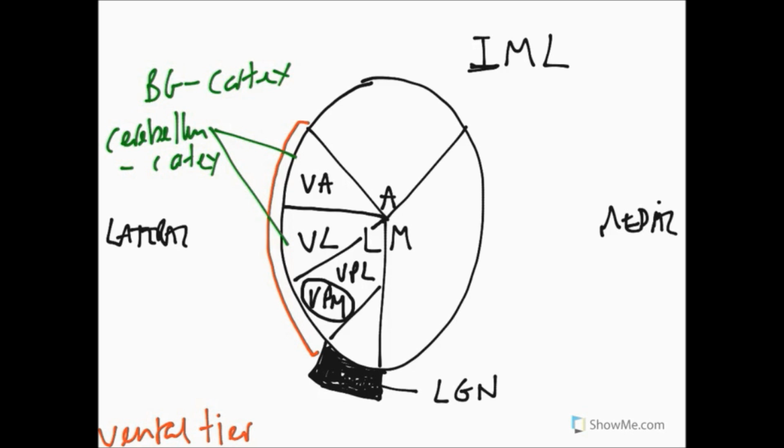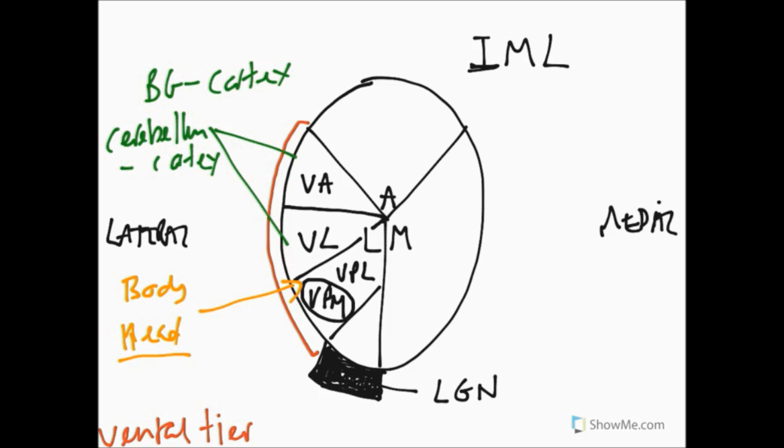This one in here, which is both the VPL and the VPM, now this group is really important for medics. It's the important information that comes through the voluntary sensory tracts from either the head or from the limbs and the trunk. So anything coming from the body will go to the VPL, and general sensory information coming from the head will go to the VPM, and the majority of that of course will come from the trigeminal nerve.